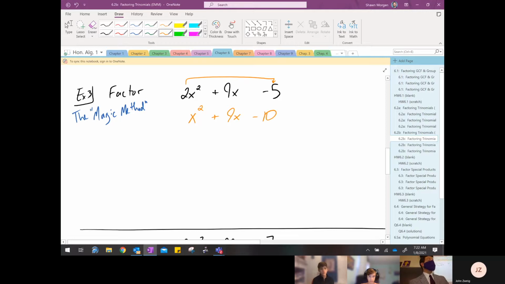Now, this problem in orange is not the same thing as the problem in black. Duh, right? But the trick here is that if I can learn how this one in orange factors, then I can use that result to show me how the one in black factors.